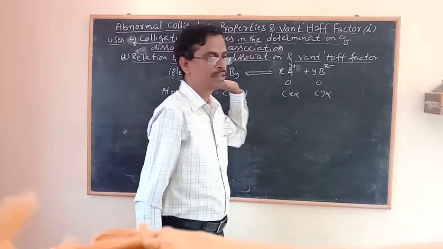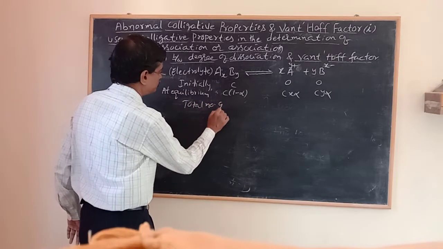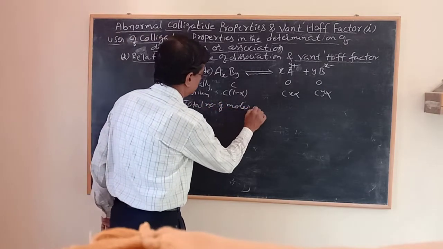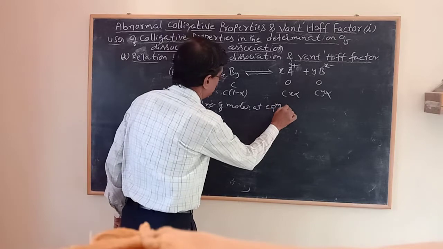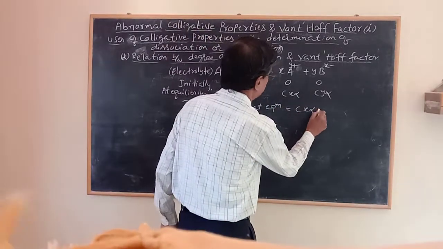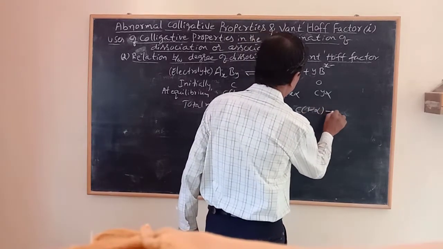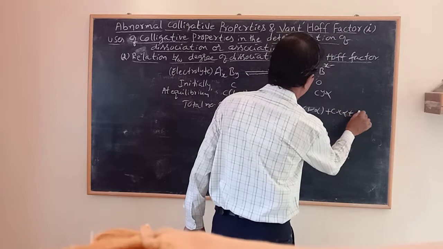You can calculate the total number of moles at equilibrium: C into 1 minus alpha, plus Cx alpha, plus Cy alpha.